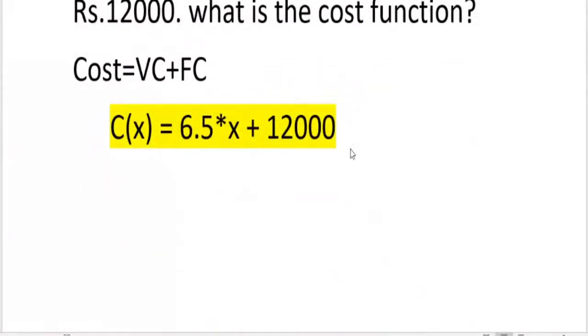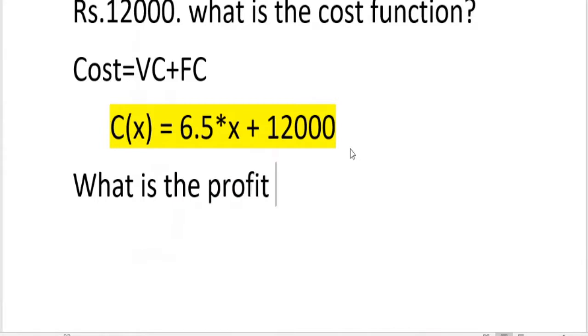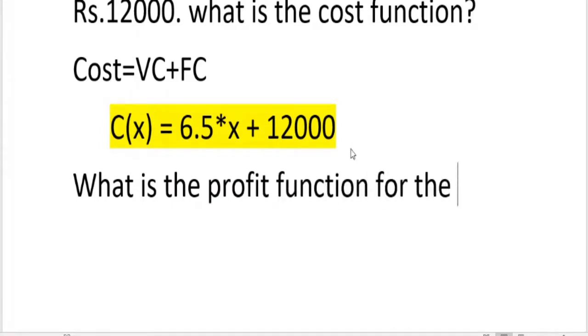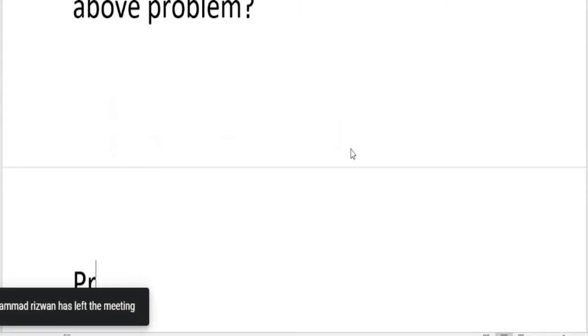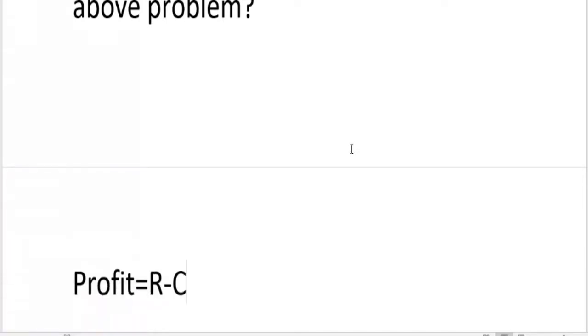Last but not the least, if I'm asking you, what is the profit function for the above problem? Before you write the profit function, profit, as you all know, conceptually, is equal to revenue minus cost.